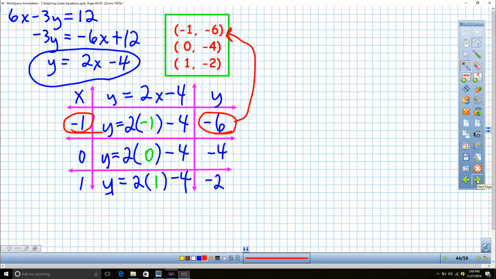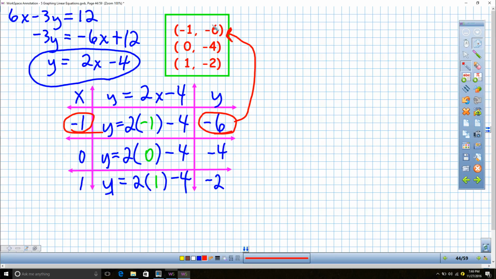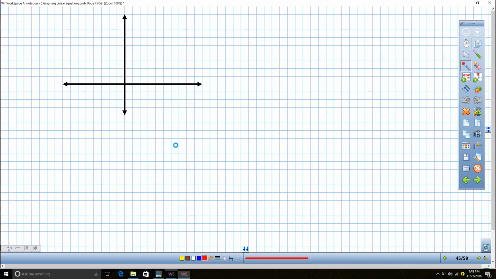Now, when you start to draw your coordinate plane, it might be wise to first look back at your inputs and outputs. My inputs, notice, are small, but look at the outputs. They're all negative numbers. So on my coordinate plane, I know I'm going to need a lot of space in the negative part on the y-axis.